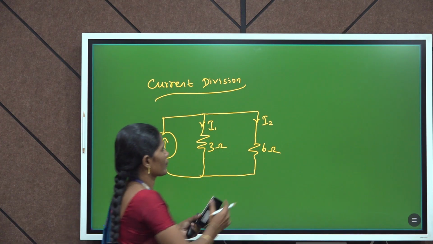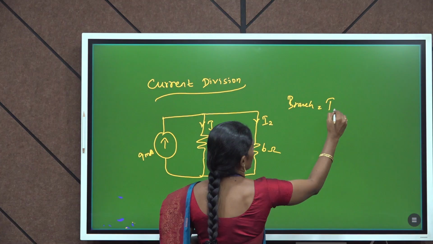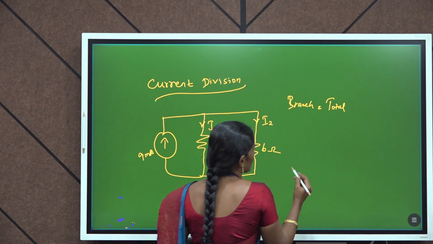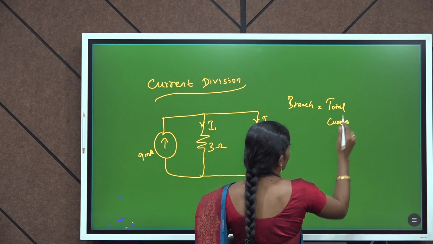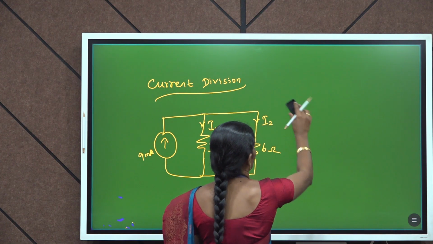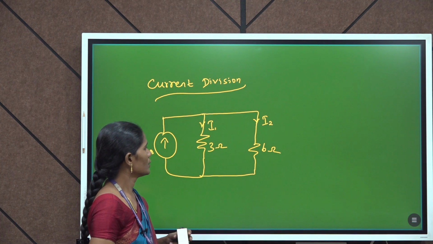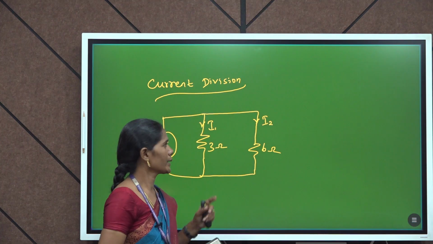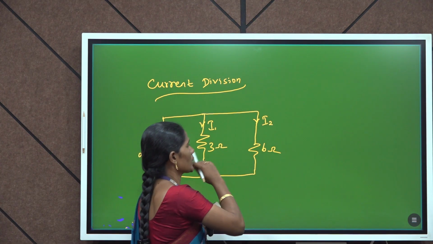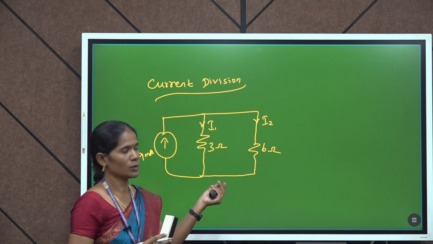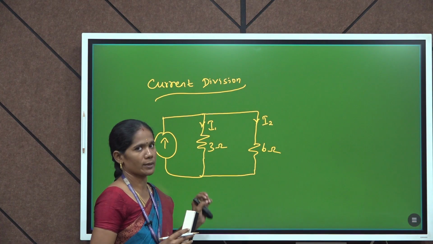The branch current is equal to the total current multiplied by the particular ratio. The ratio is the opposite resistance by the total resistance.